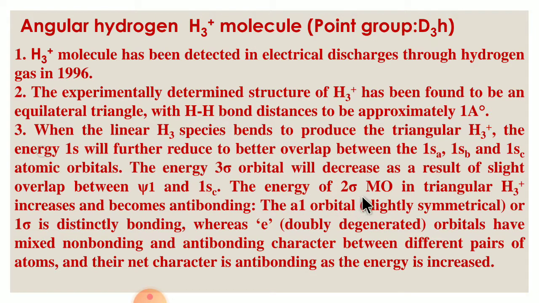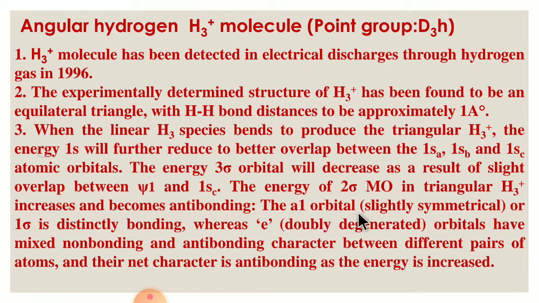The energy of the 2 sigma molecular orbital in triangular H3 plus increases and becomes antibonding. The explanation and the diagram about these 2 points are shown in the next slide.